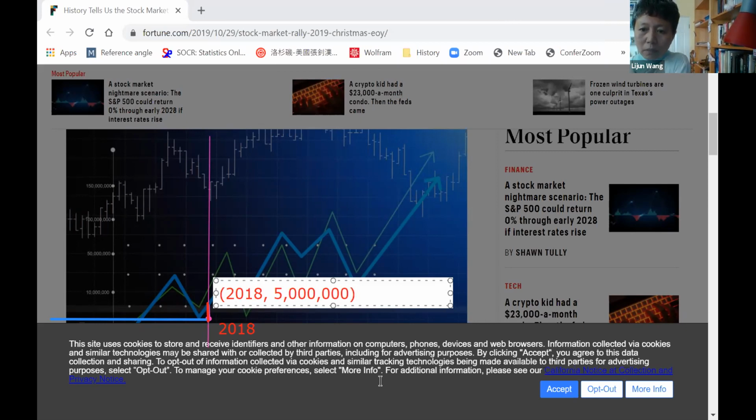You guys see that? The first number is the input, the second number is the output. For this input, how many outputs are there? Exactly one.